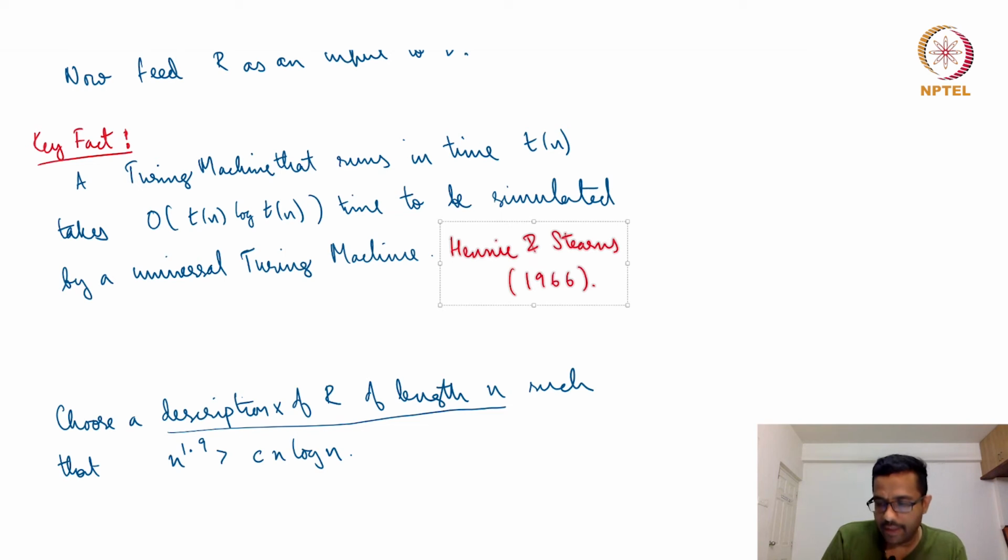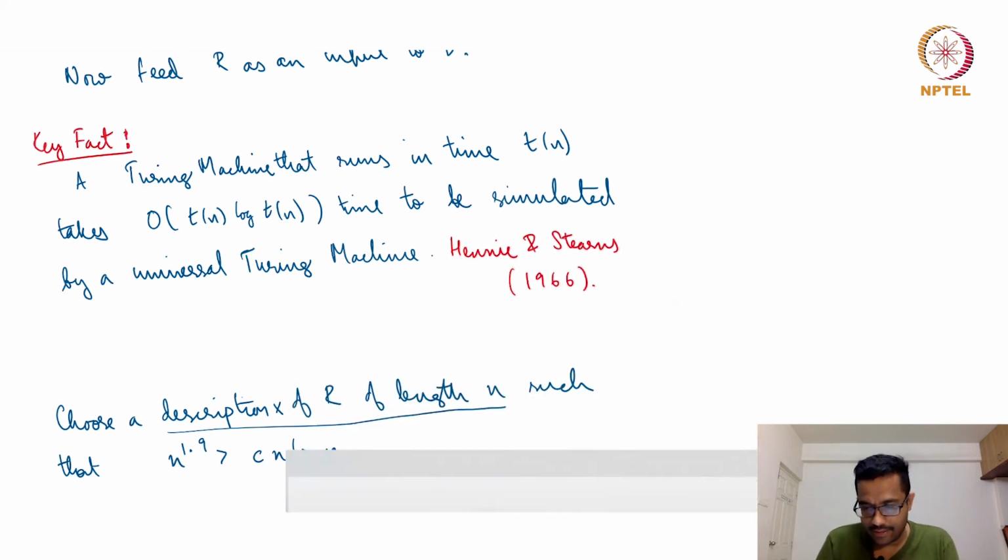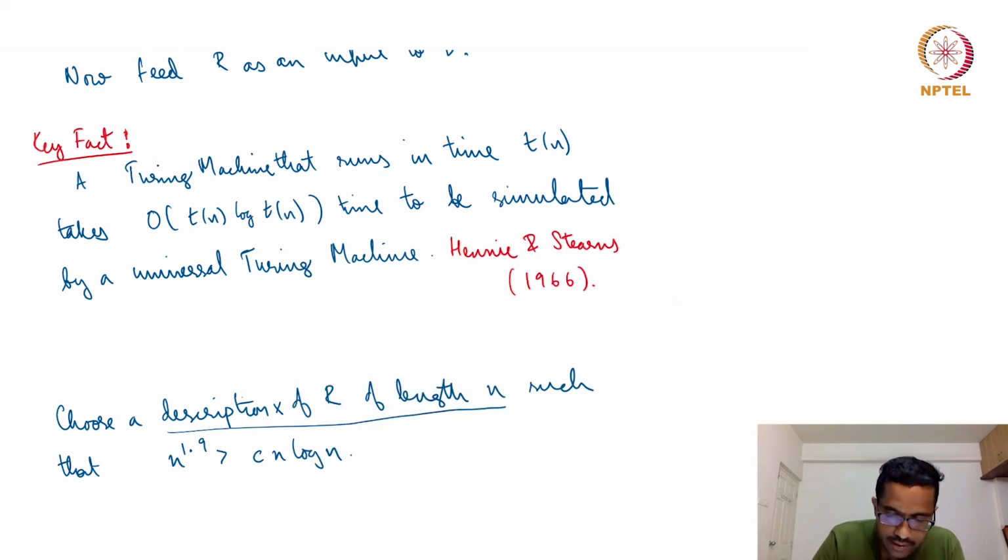This is a result by Hennie and Stearns from 1966. Basically, for a machine that runs in time T(n), for another machine to simulate the same thing takes T(n) log T(n) time. So for simulating one machine by another, the time increases by a logarithmic factor.